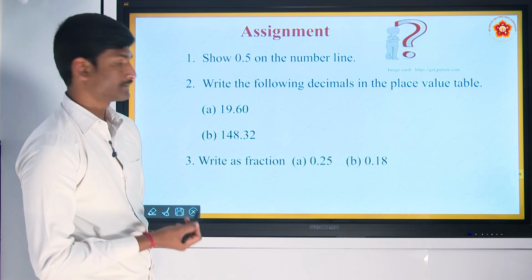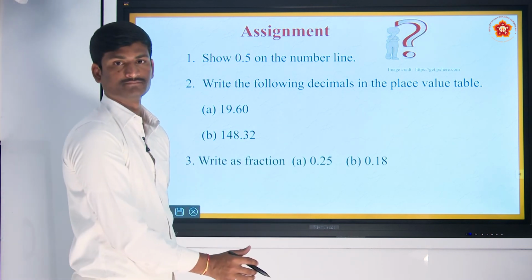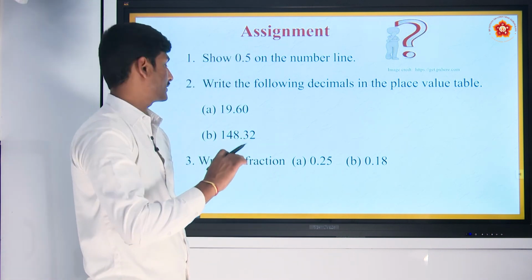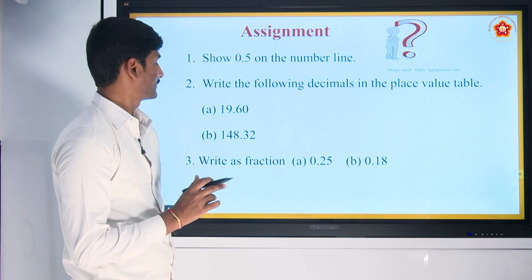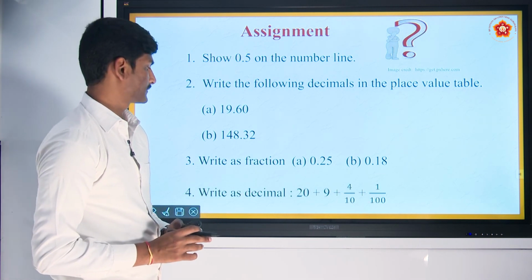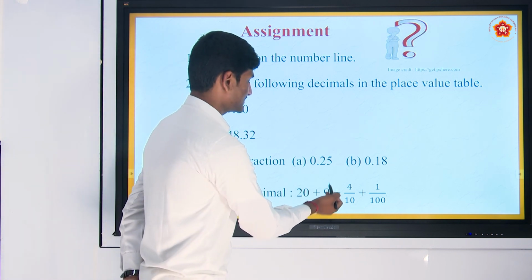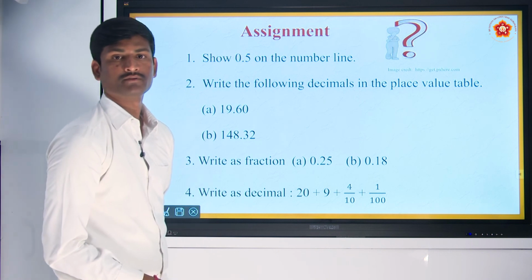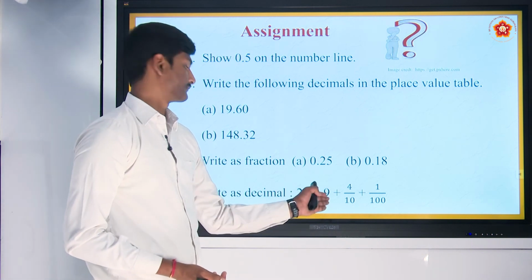And the third question is write as fraction. Here a decimal number is there, we convert decimal to fraction. And also write the decimals. This one: 20 plus 9 plus 4 by 10 plus 1 by 100. You simplify this one.